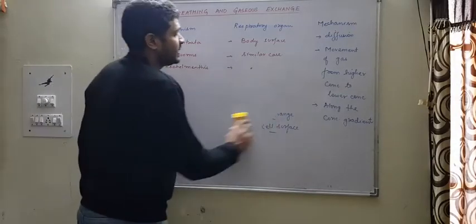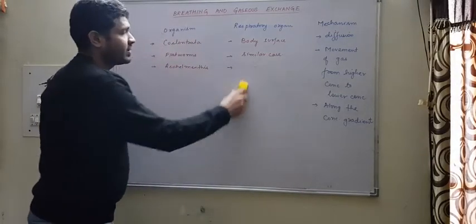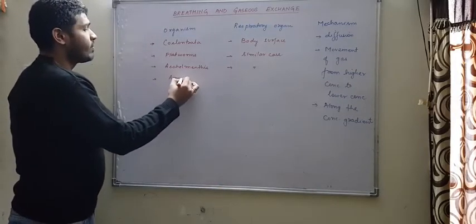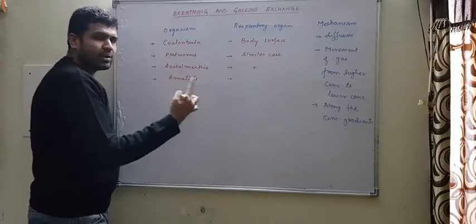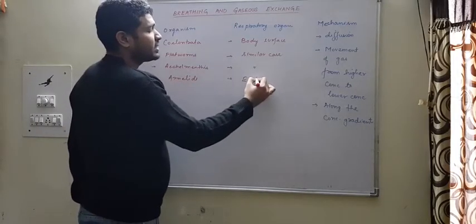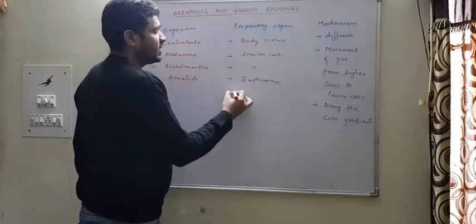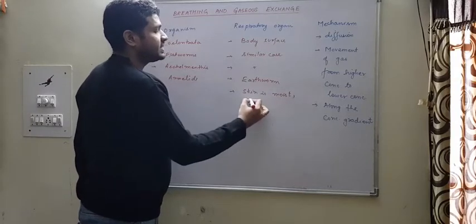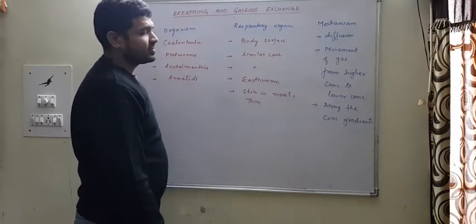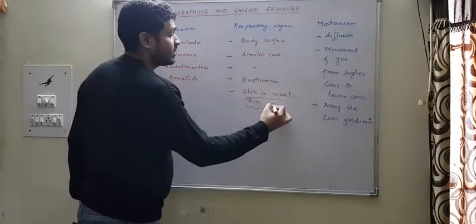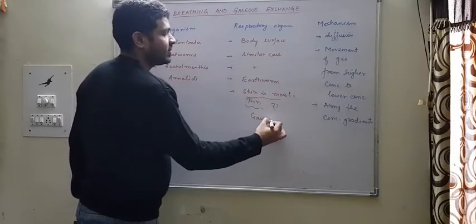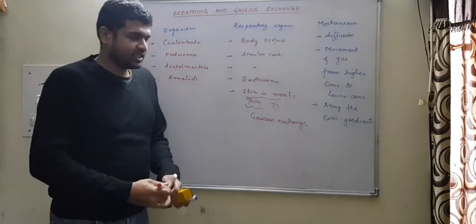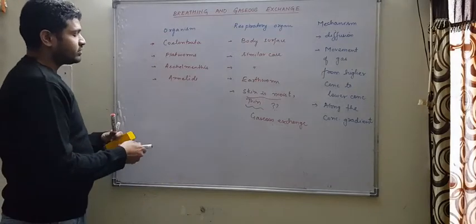In annelids like earthworm, we know the skin is moist and thin for the gaseous exchange.